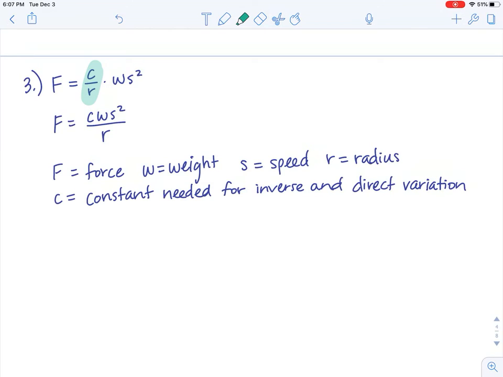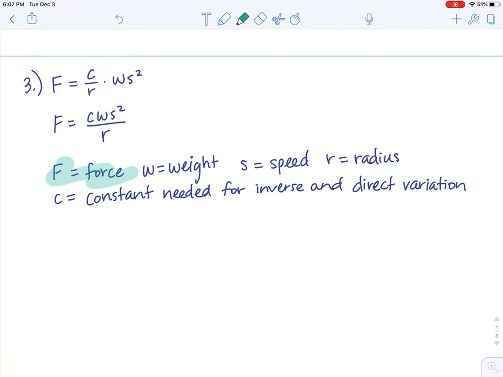And then when it varies directly, that means we use multiplication. So the weight of the car and the speed the car is traveling is squared is varying directly, so we make a product out of that. This C right here is just a constant. We always have some sort of constant when we're talking about inverse and direct variation. So that C is a constant needed for that.